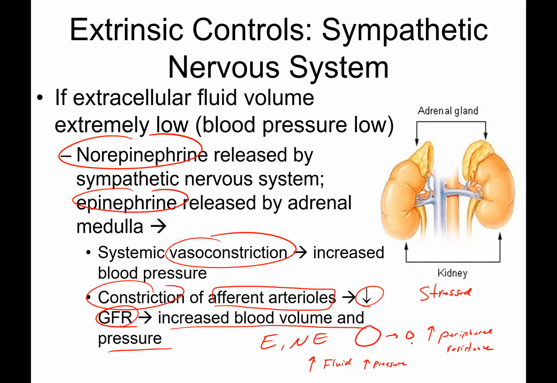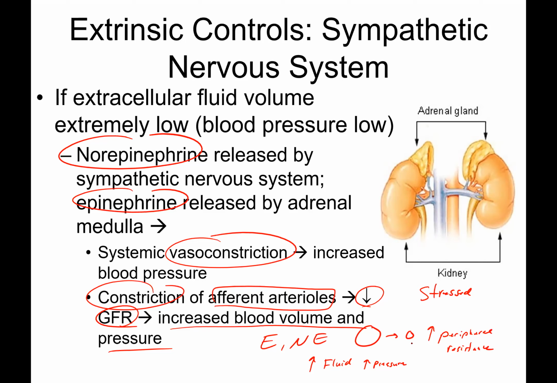Other people, not much happens. Some stress dramatically makes people retain fluid and pressure, and other people don't retain that much fluid, but other things happen. So stress hurts everyone, but people manifest it differently.